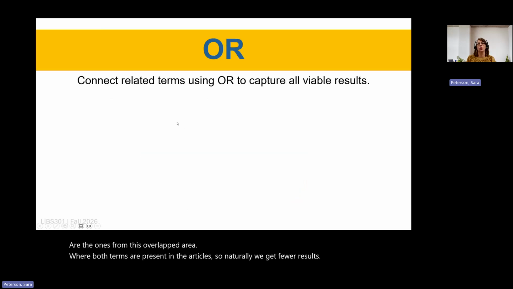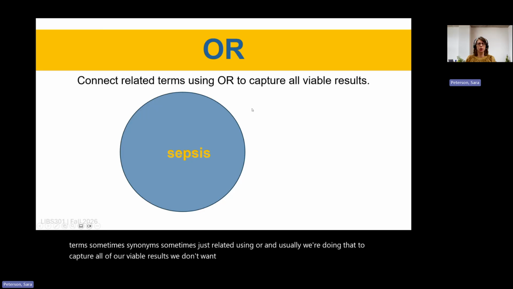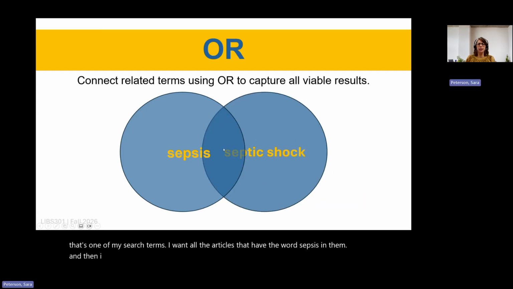Okay, let's look at what this would look like with an actual search. So we're going to connect related terms, sometimes synonyms, sometimes just related, using OR, and usually we're doing that to capture all of our viable results. We don't want to miss anything. So if I'm searching for sepsis, that's one of my search terms. I want all the articles that have the word sepsis in them. And then I also want to catch all the articles that have the term septic shock, which is a related term, not exactly the same meaning, more severe form of sepsis.